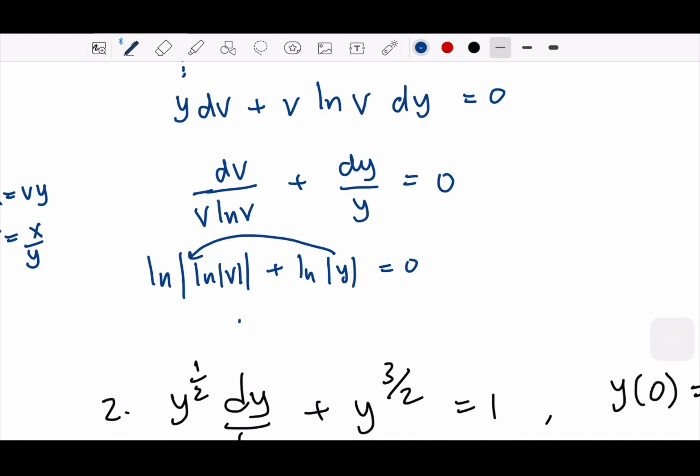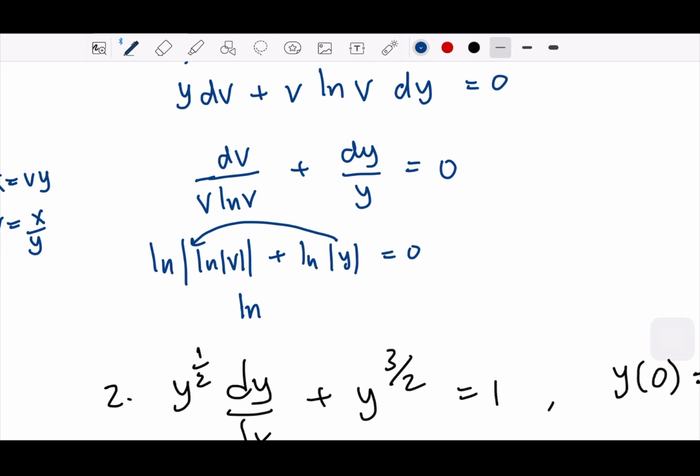So we will have ln y ln x over y. Or it's not equal to 0, sorry, it should be a constant, having a constant one.